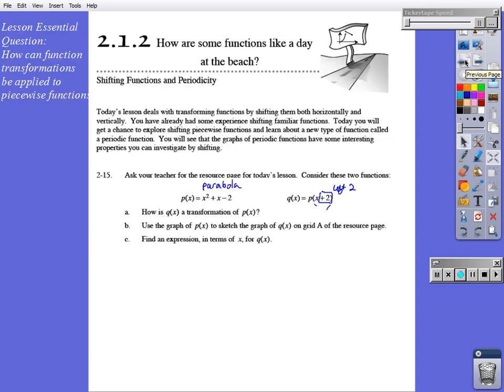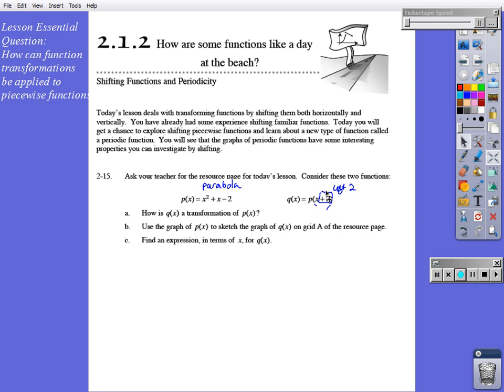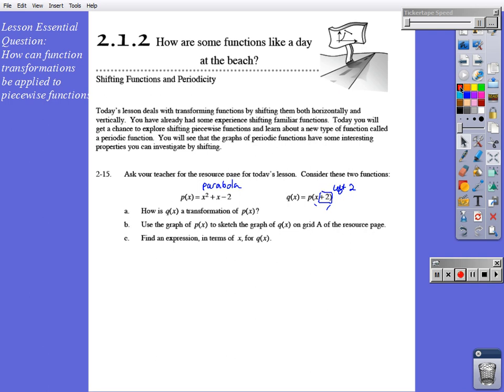Okay. Let's look back at what my instructions were. Find an expression in terms of X for Q of X. The important part here is I'm going to write Q using function P. So I know Q is P moved to the left 2. So Q of X is going to equal (X plus 2) squared plus (X plus 2) minus 2.